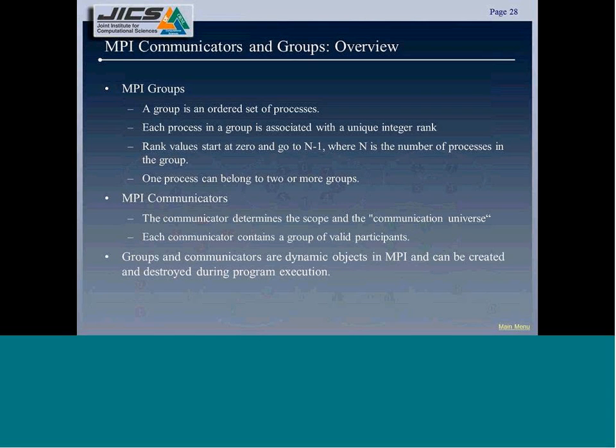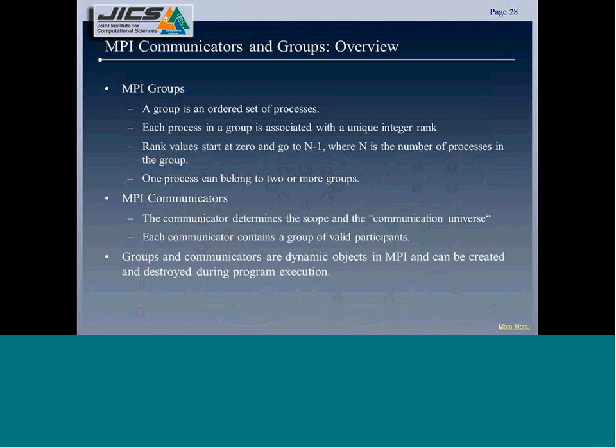So, guys, the processes are ordered. Each process in a group is associated with a unique rank. We talked about that last time. The ranks always start at 0 and go to n-1 in a group. And one process can actually belong to 2 or more groups. So you start with the base group of, say, 8 processes and set up multiple groups.